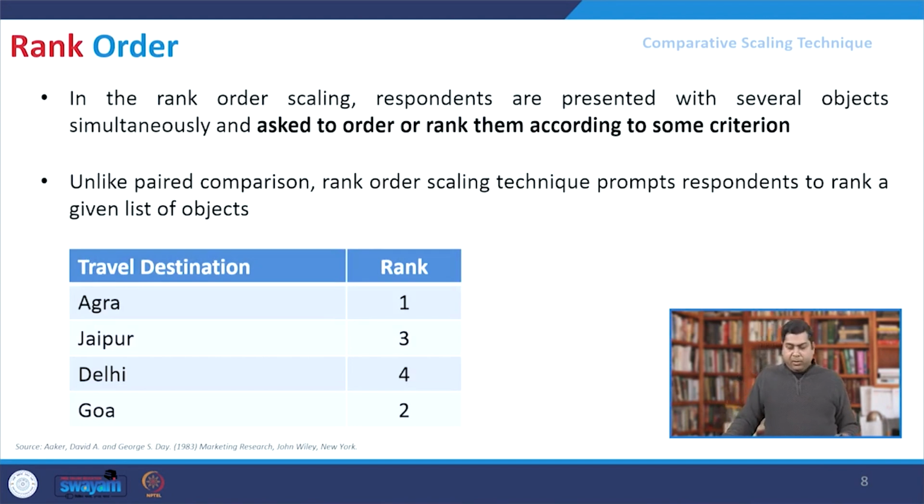Now coming to the rank order, in such cases we just ask the respondent to rank their preferences. So there is no comparison between two variables, it is directly pinpointed.